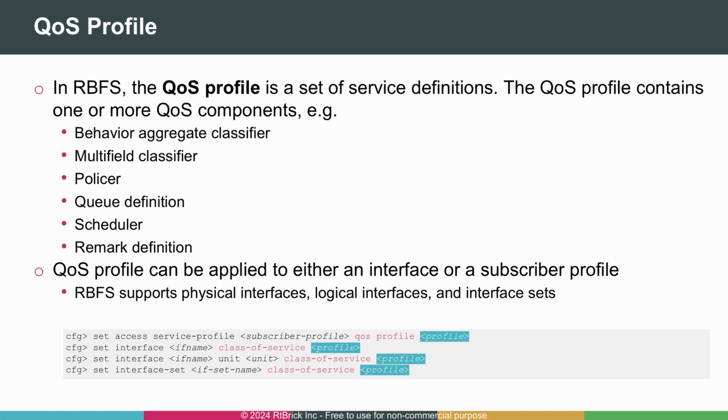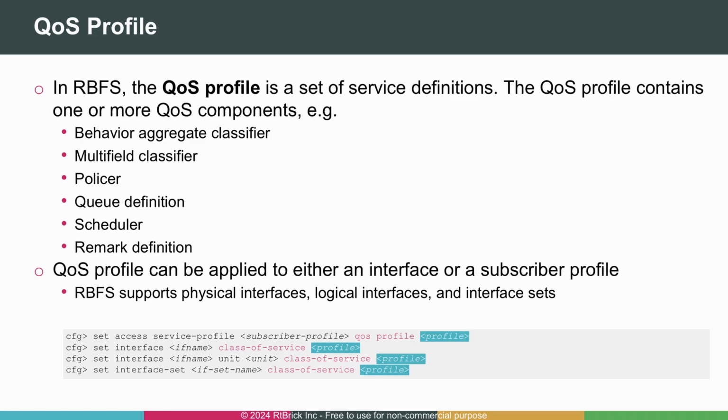Before we dive into individual QoS components, we'll introduce the QoS profile, which is a configuration template that defines how network traffic is prioritized and managed. A QoS profile contains one or more components, for example, a classifier, a policer, queue definitions, and a scheduler.